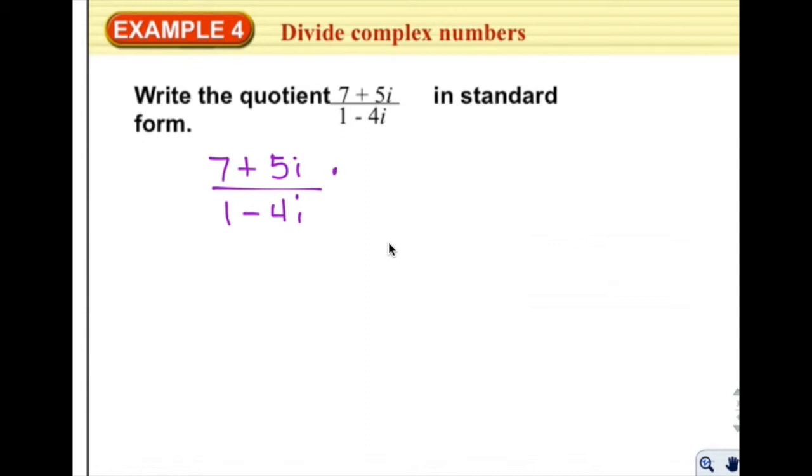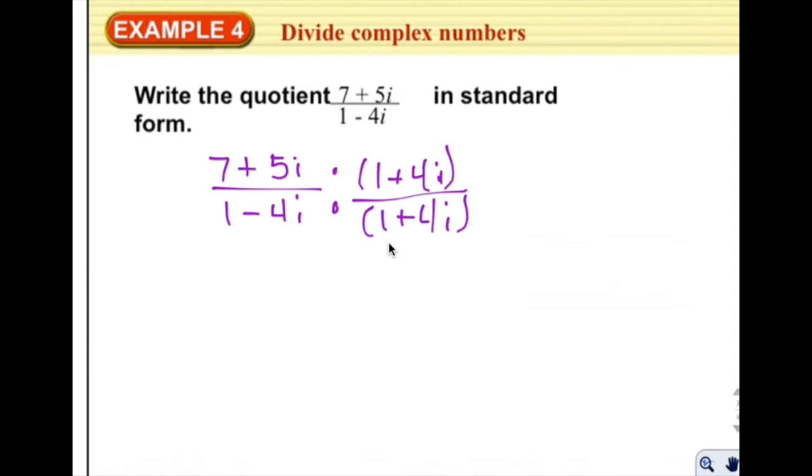The way that I'm going to make this work is I'm going to multiply by 1 plus 4i over 1 plus 4i. Now, the short story is that any number over itself is going to equal 1. So by multiplying by essentially 1, I'm not changing my equation at all. I'm just manipulating the numbers to make them work for me.